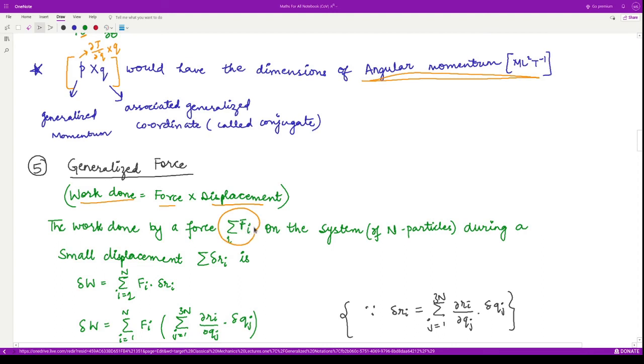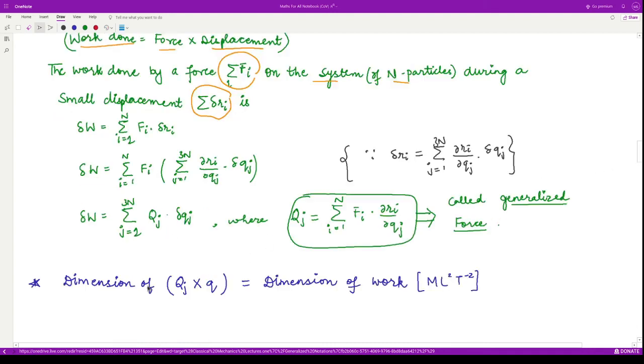Therefore, we are taking the summation of these over the system of n particles, and we have small displacements del R_i. Then the work done is defined as force into displacement for n particles. This one is for the ith particle, then you can sum all those, so you get the small work done, right?